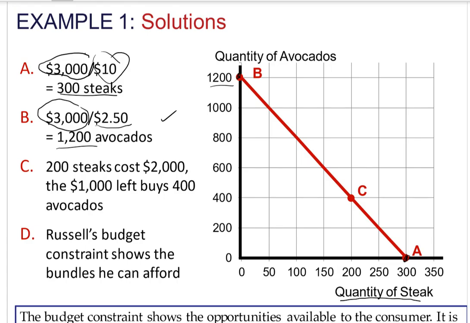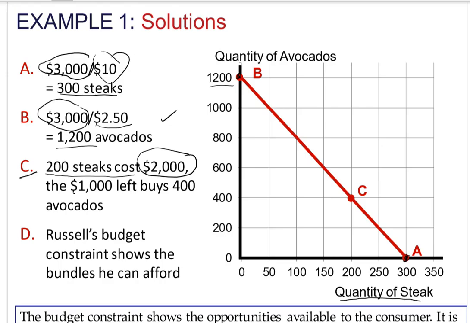So that's point B. Now C, if Russell buys 200 steaks, how many avocados will he be able to buy? 200 steaks, each costing $10, gives us the expenditure, so that's $2,000 taken away from his $3,000 income.